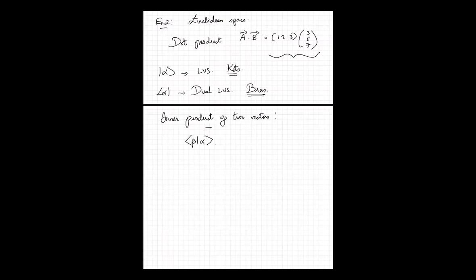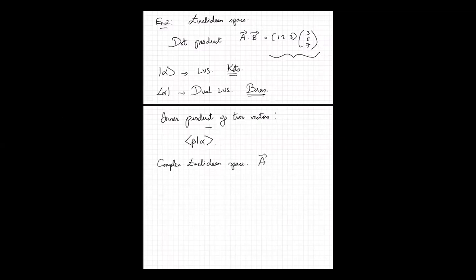Now notice that if the Euclidean space were composed of complex vectors, the dot product definition should change slightly. What is a complex Euclidean space?